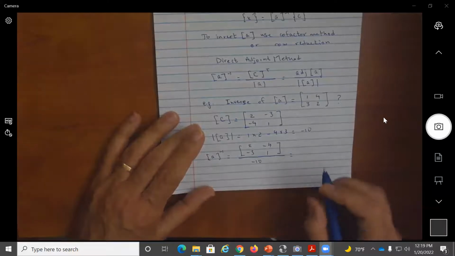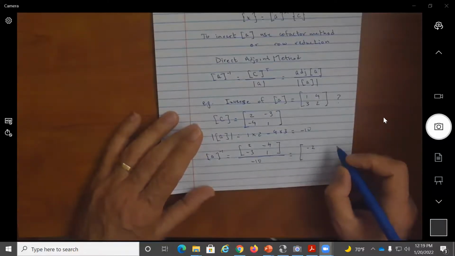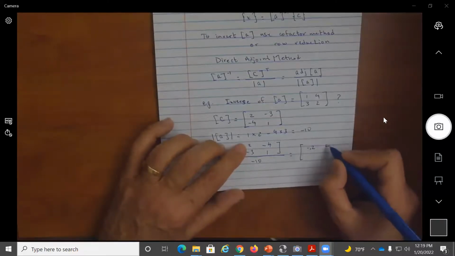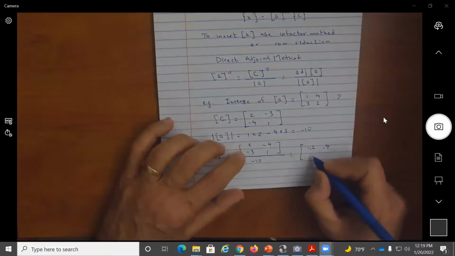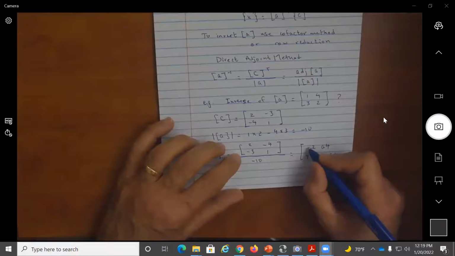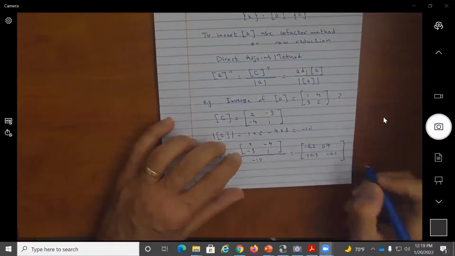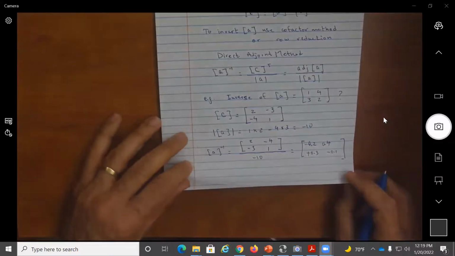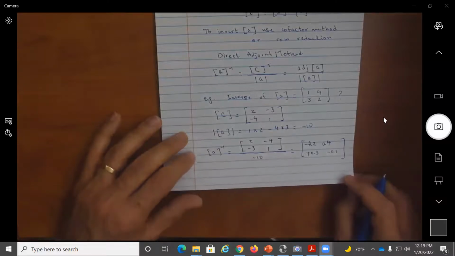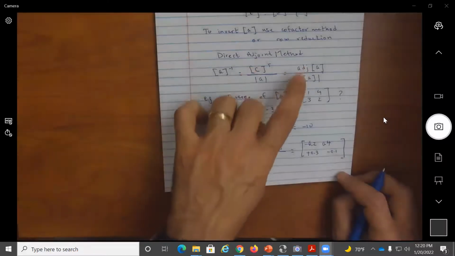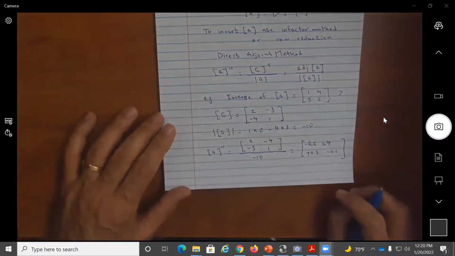So this will give us a minus 0.2, a plus 0.4, a plus 0.3, and a minus 0.1. That's based on the formula that the inverse is equal to the C transpose, or the adjoint matrix, divided by the determinant of A. Okay.